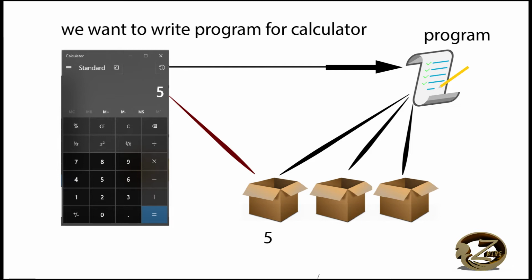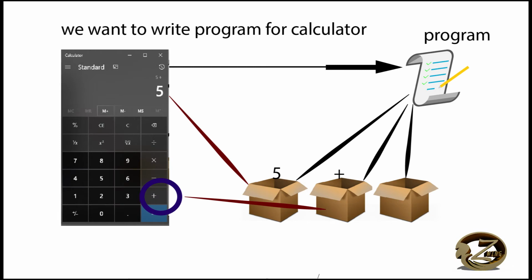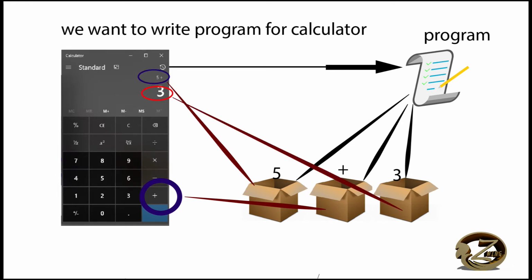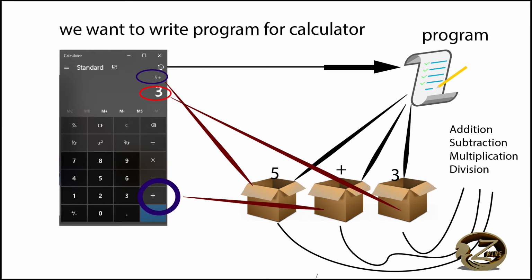After this, if I enter an operator sign, say the sign of addition, then it must be stored somewhere, say in this box. After that I enter 3, and it must be stored somewhere like the other data was stored. So it is stored in this box. Now I have stored all my data in these boxes, and I can perform any operation on this data.